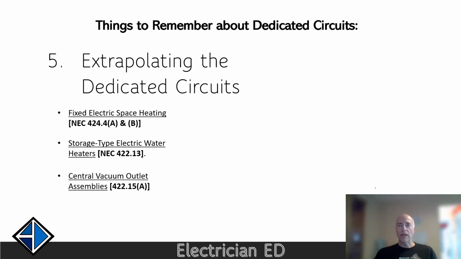So the ampacity that the central vacuum is going to require, the branch circuits would have to be rated double that amount. And the total of all the connected loads that are going to be on the general purpose branch circuit can't be more than 100% of the circuit's ratings.